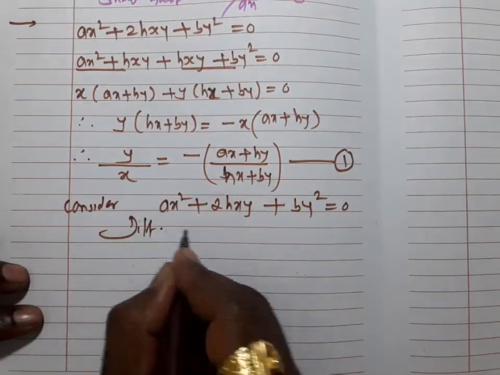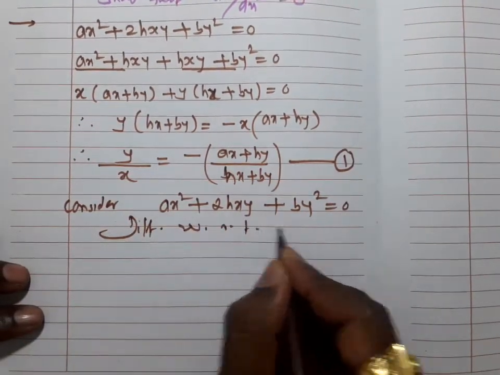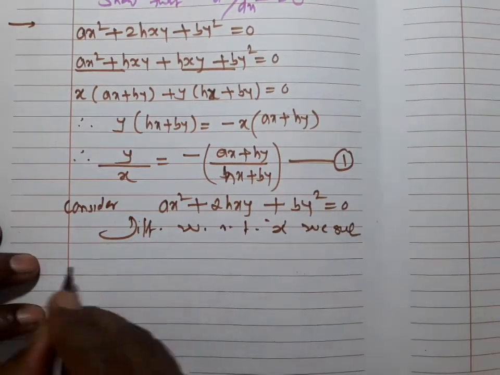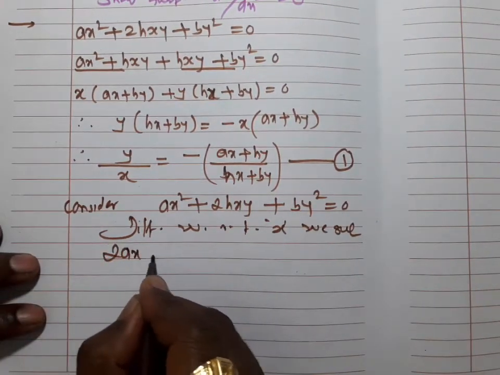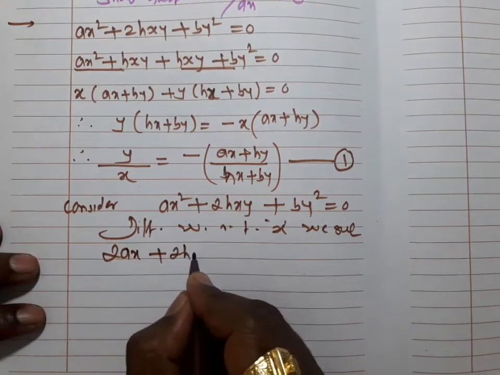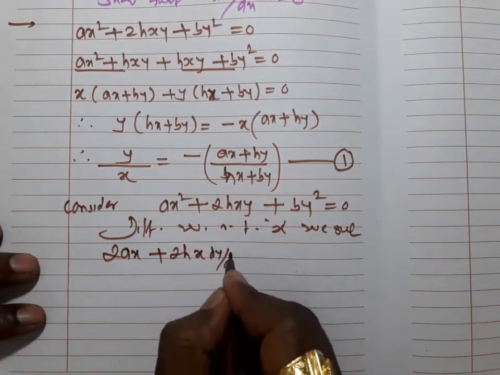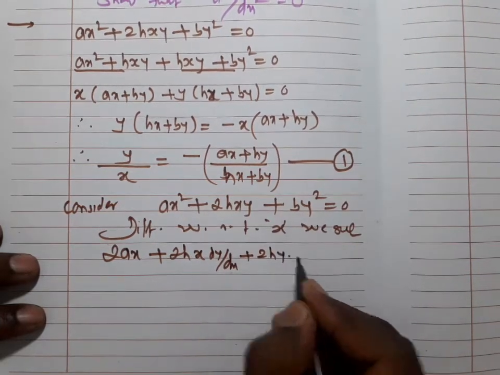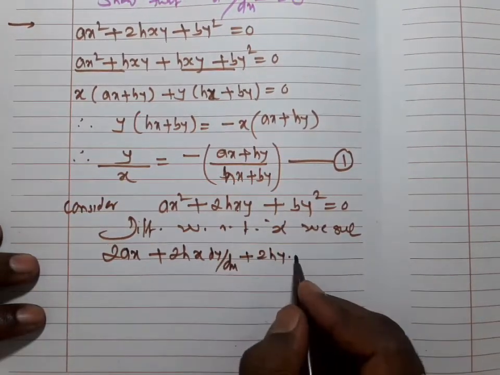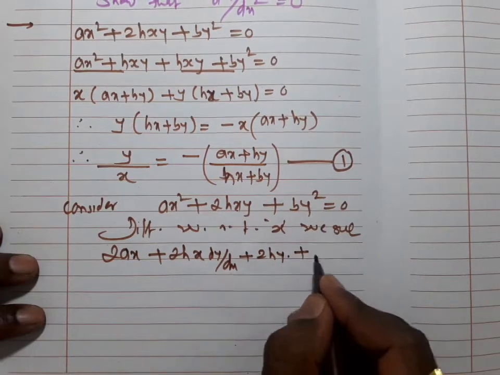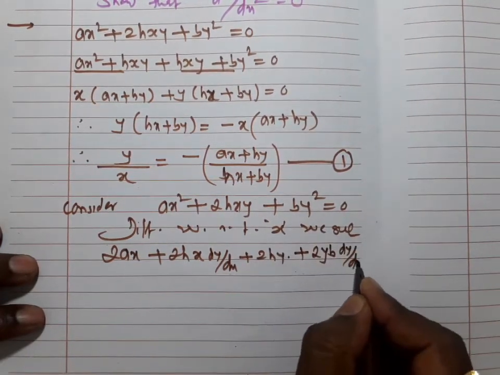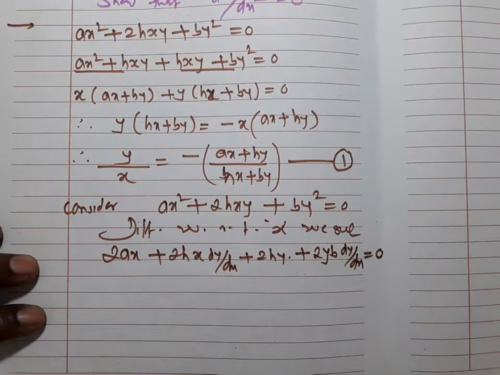Differentiate with respect to x, we get 2ax, plus 2h x dy by dx plus 2h y into the derivative of x, which is 1, plus 2by dy by dx is equal to 0.